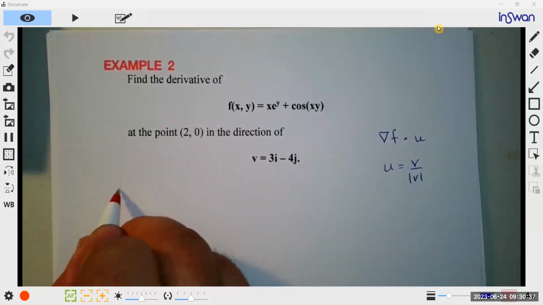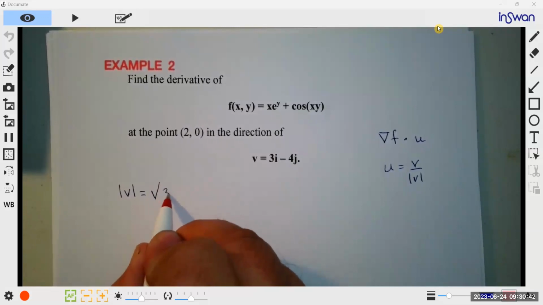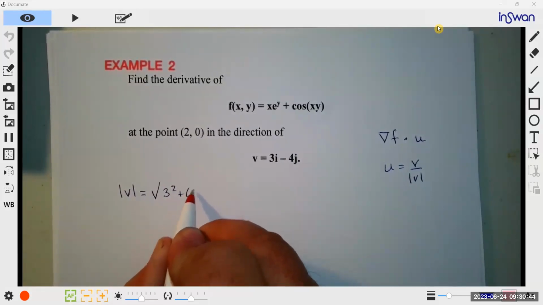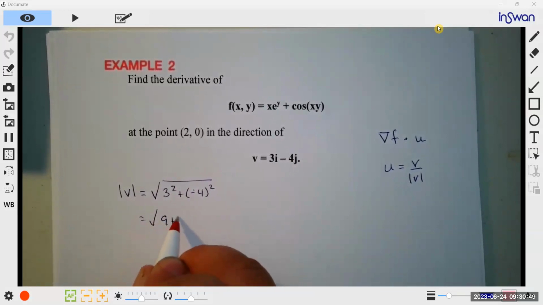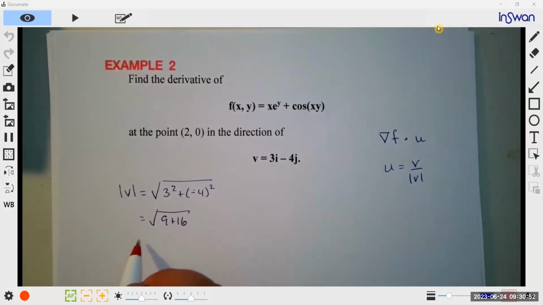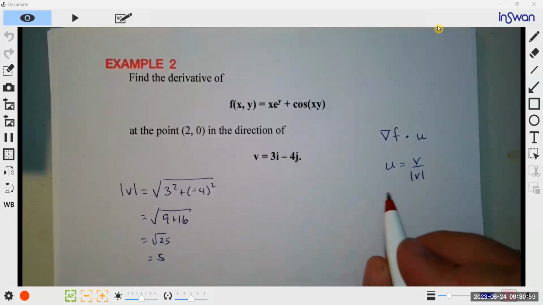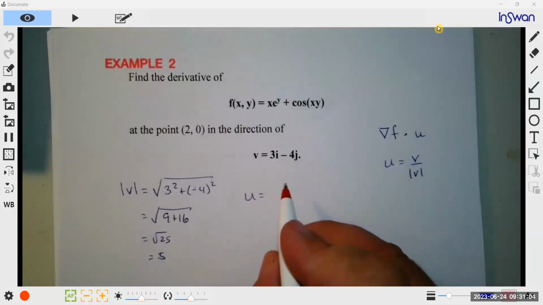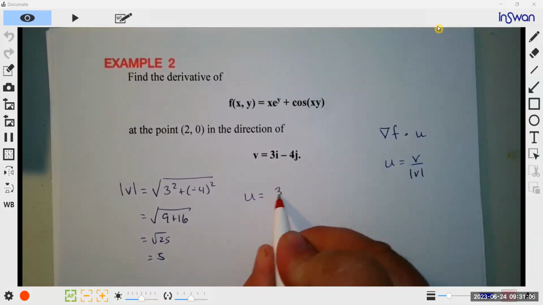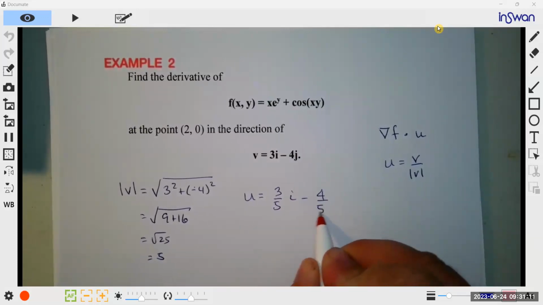So the first thing you have to do is find the magnitude of v, which is the square root of 9 plus 16, which is 25, which is 5. So our vector u is 3 over 5 i minus 4 over 5 j.